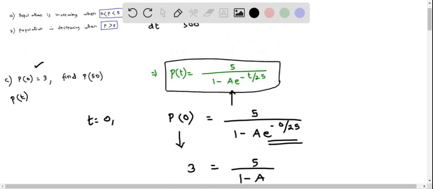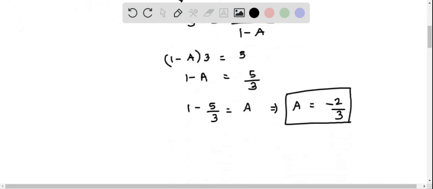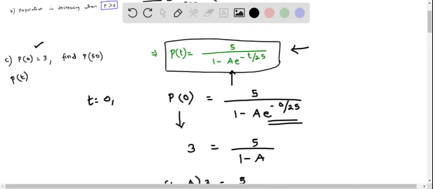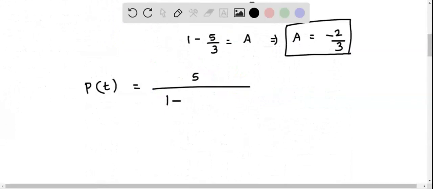And this means we can substitute into the solution p of t. So let's rewrite p of t by substituting this one. So therefore we write p of t, and this equals 5 divided by 1 minus a, a is negative 2 thirds, e raised to the power of negative t by 25.